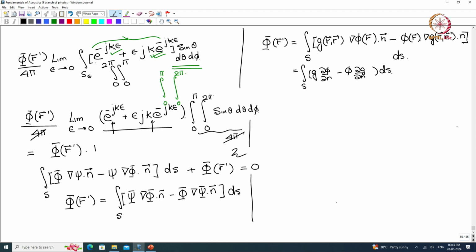Okay. So this is the Kirchhoff Helmholtz integral equation.